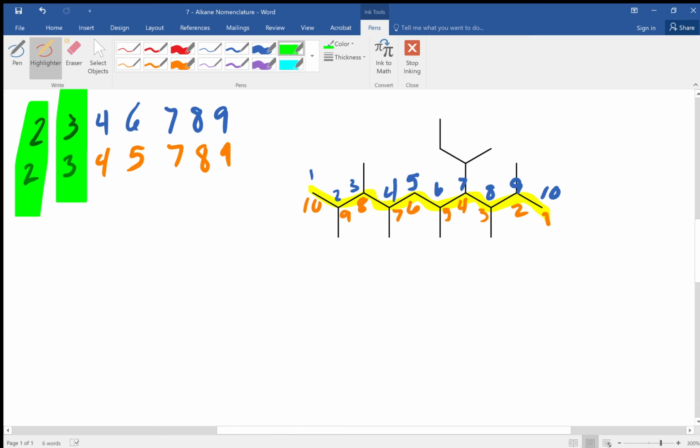Second one, same number. Third one, same number. When we get to the fourth substituent, though, starting on the right side with the orange numbers, we have a lower number for that fourth substituent than we do coming the other direction. So that means the orange numbers are what we need to use here.